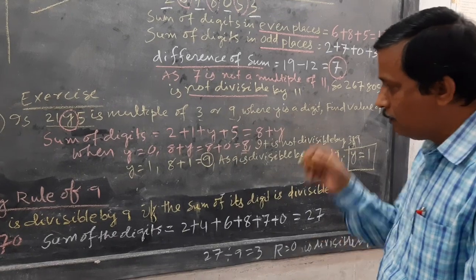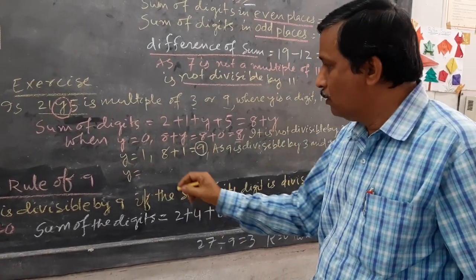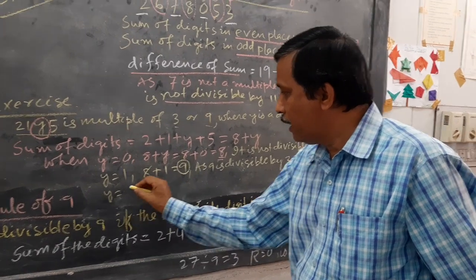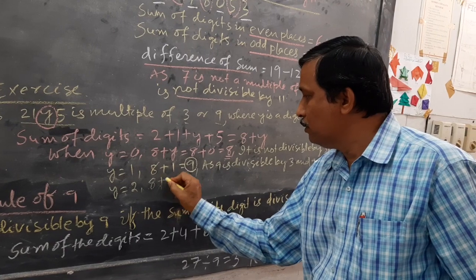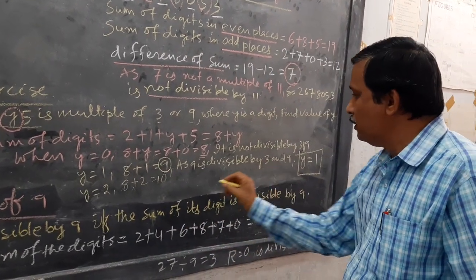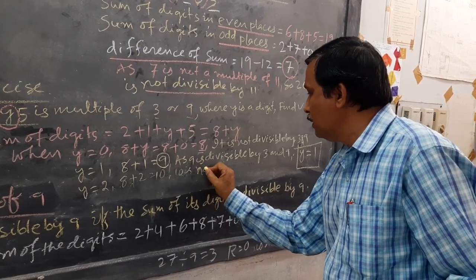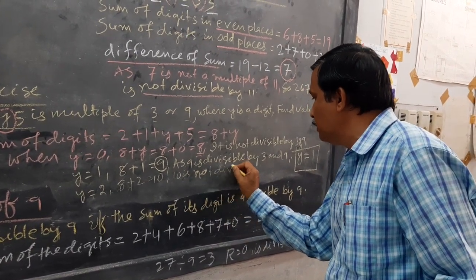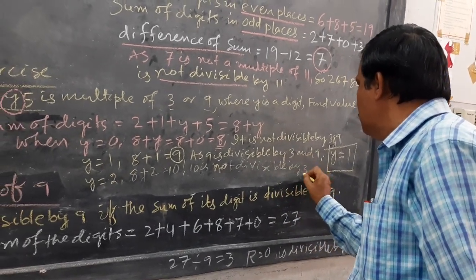Similarly, in this manner, you can go on trying. Suppose 2, then 8 plus 2 is 10. So 10 is not divisible by 3 and 9.